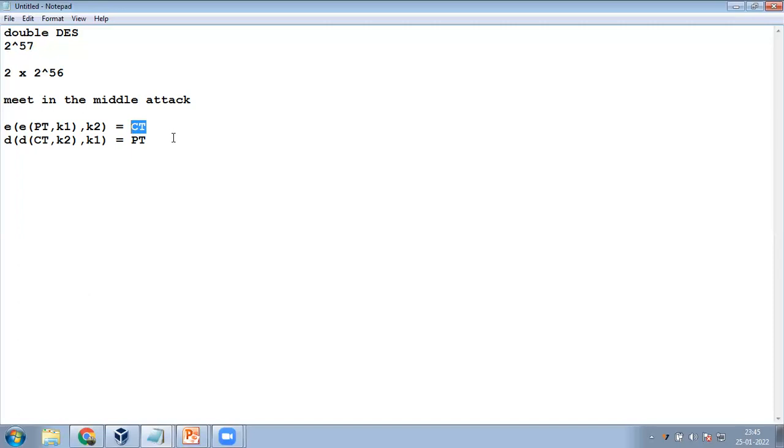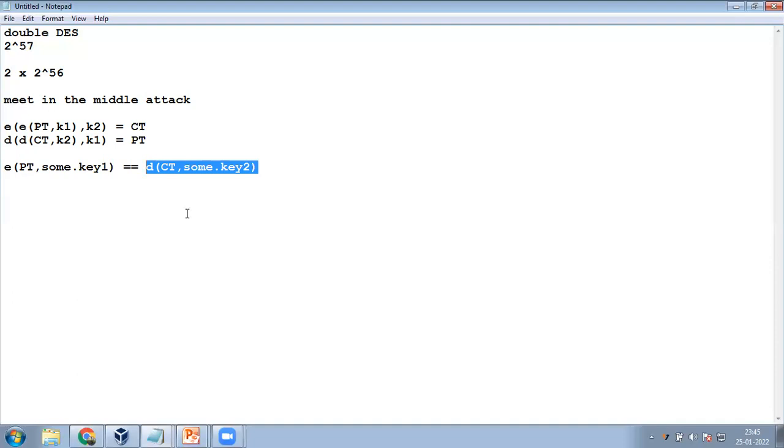So what the attacker was doing is encrypting the plain text with some key, and decrypting the ciphertext with some key, which I'm going to call some key 2. He was encrypting the plain text with a key that he didn't know whether it's right or not, using it at random, or he could also use it sequentially.